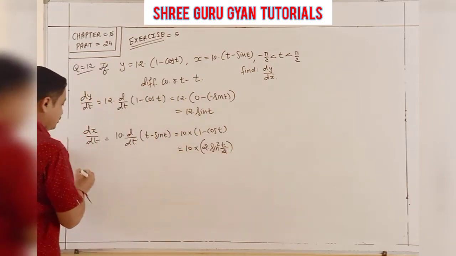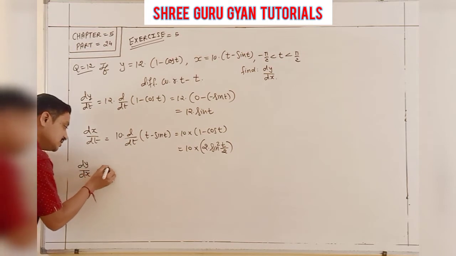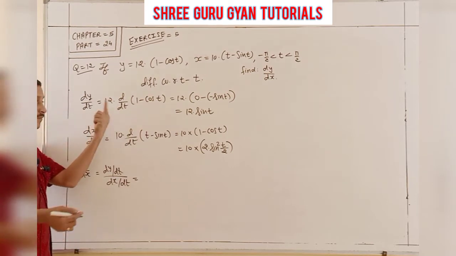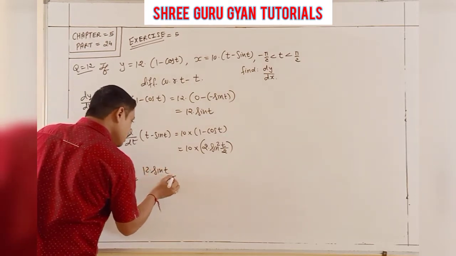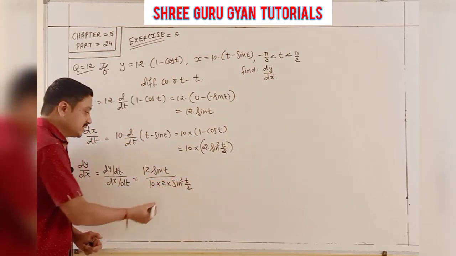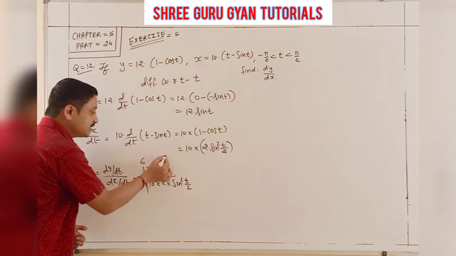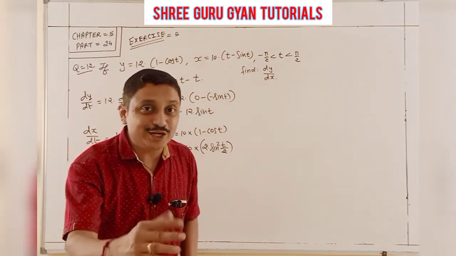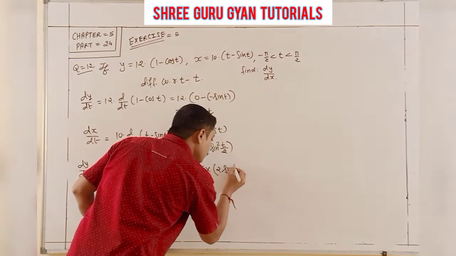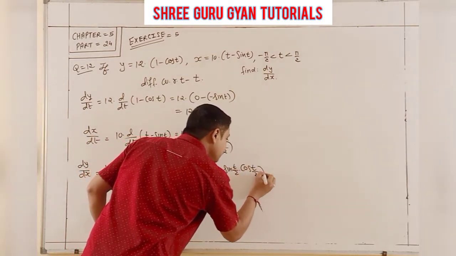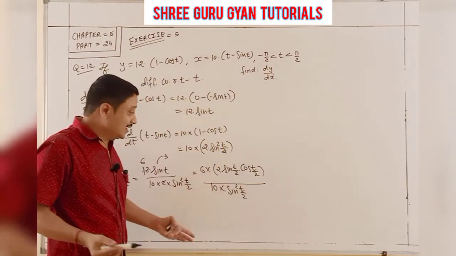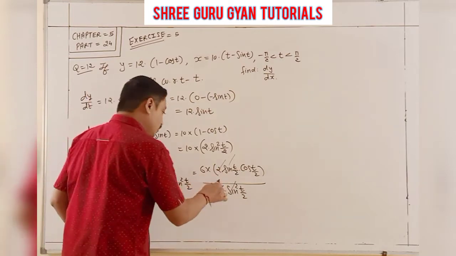And finally, dy/dx is dy/dt upon dx/dt. So dy/dx is 12 sin t by 10 into 2 sin square t/2. Yes students, 2 and 6 cancel, and sin t by the trigonometric formula is 2 sin t/2 cos t/2 upon the same. Numerically, one sin and 2, 5 are gone.